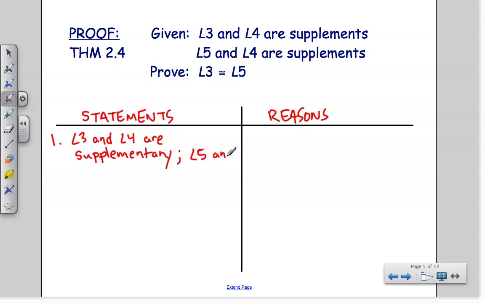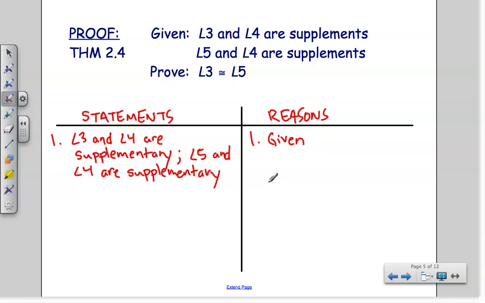Angle 5 and angle 4 are supplementary as well. Whew, a lot of writing just for that given.